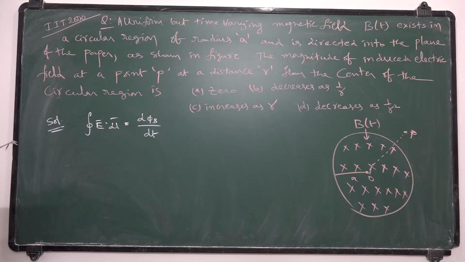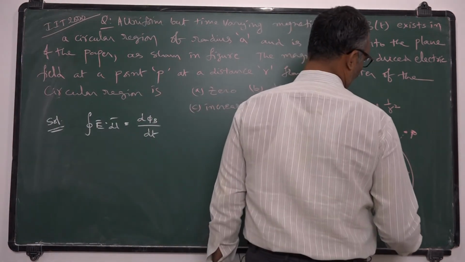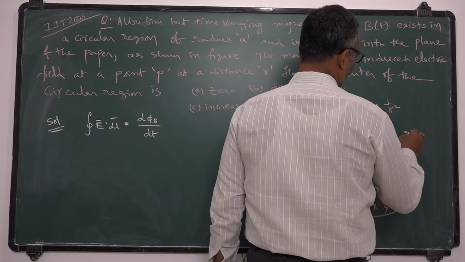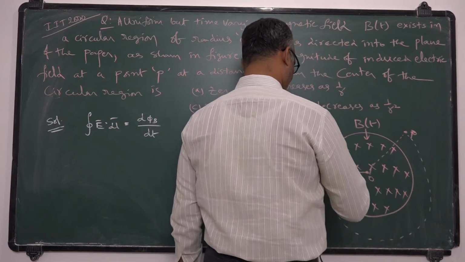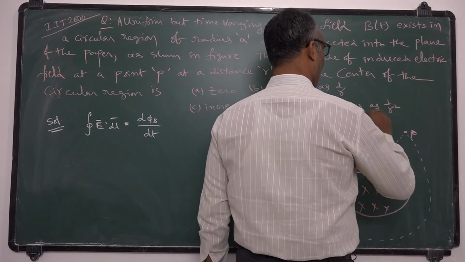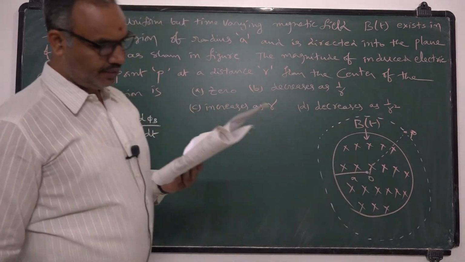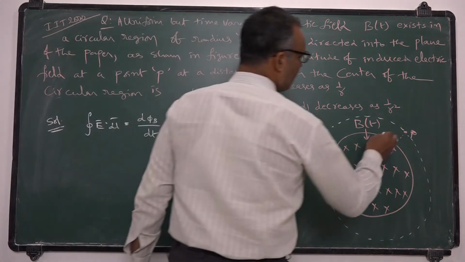At a fixed distance, the E value is fixed. Here, if you want to calculate the electric field at a particular point P, you should take some imaginary surface here, and this point P is located at a distance R.